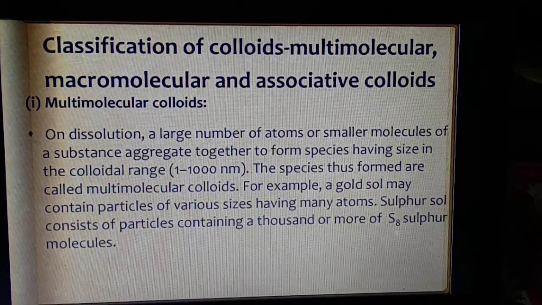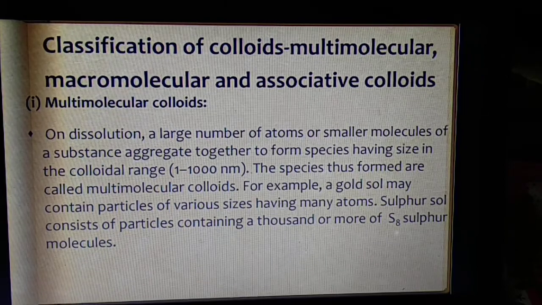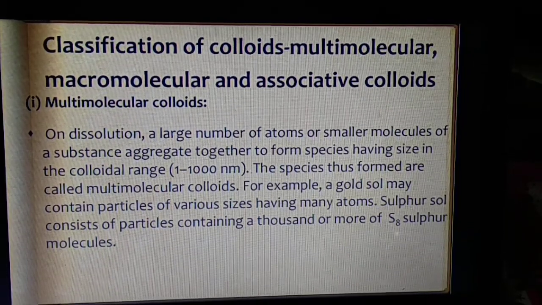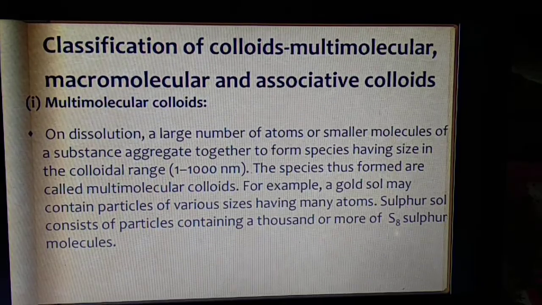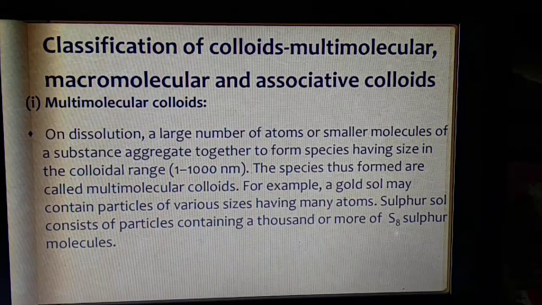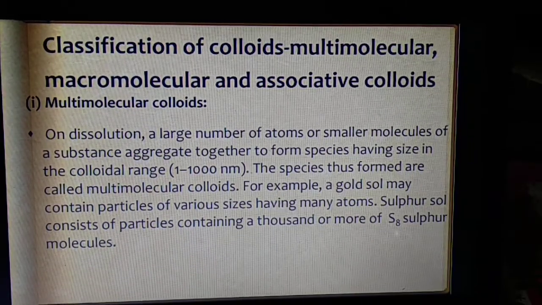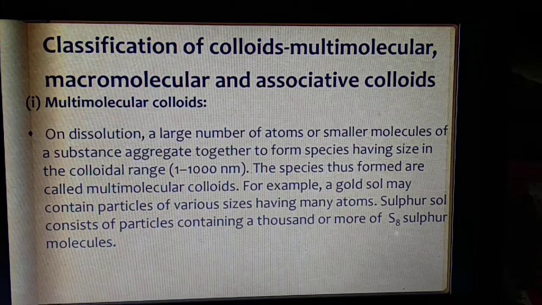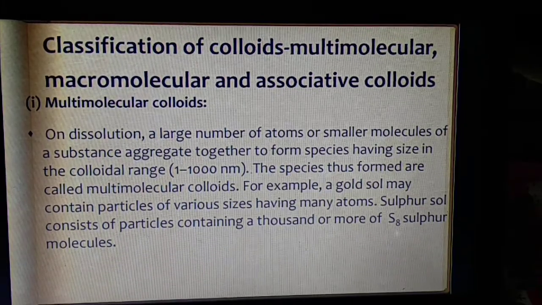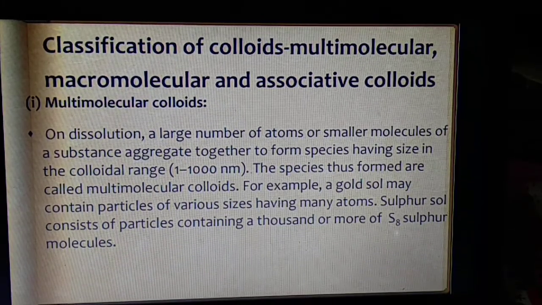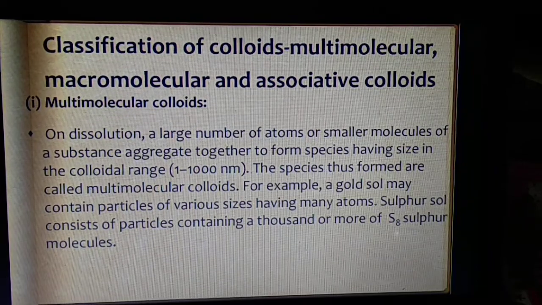Multimolecular means many small atoms or molecules aggregate and form species having the size of the colloidal range, like 1 to 1000 nanometer. For example, a gold sol may contain particles of various sizes having many atoms. Sulfur sol, gold sol. Generally, lyophobic colloids are multimolecular colloids.